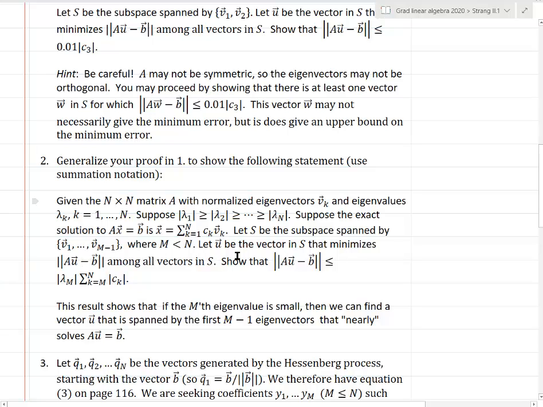Show that the norm of Au minus b is less than or equal to lambda m, the mth eigenvalue, times the sum of these coefficients. These are the coefficients in my original linear combination of x. So in other words, if lambda m is small, then I'm going to get a small error. The result shows that if the mth eigenvalue is small, then we can find a vector u that's spanned by the first m minus 1 eigenvectors that nearly solves Au equals b.